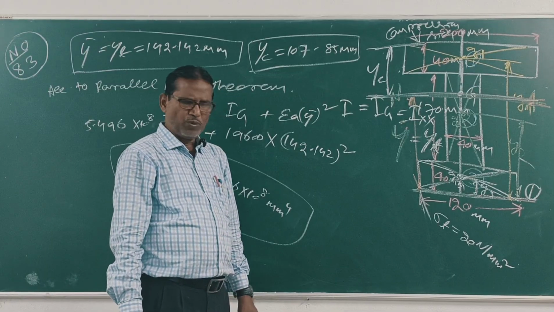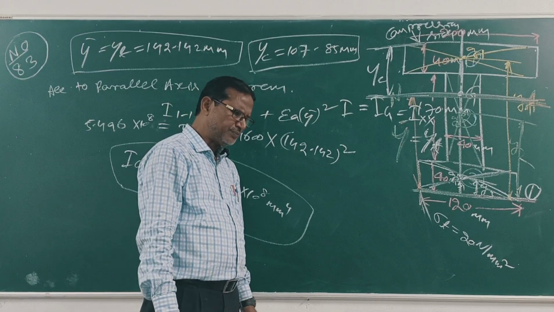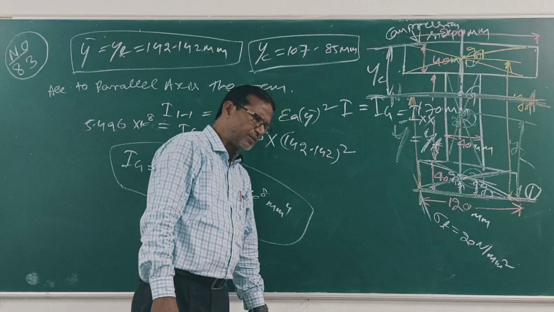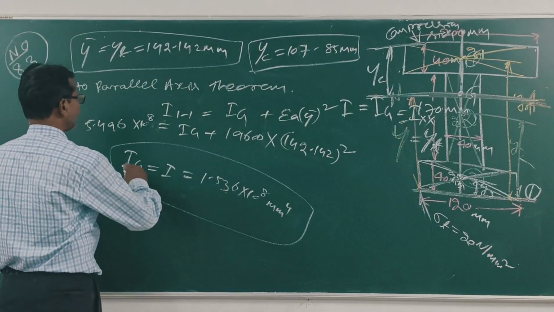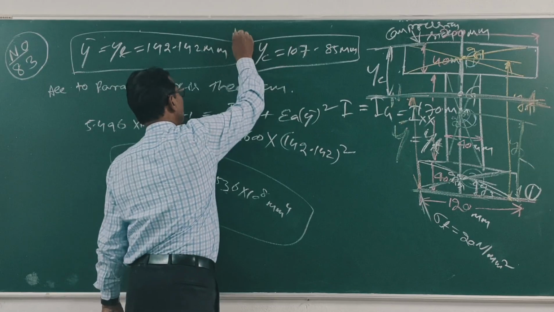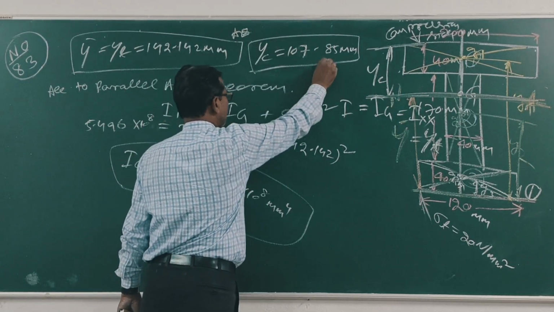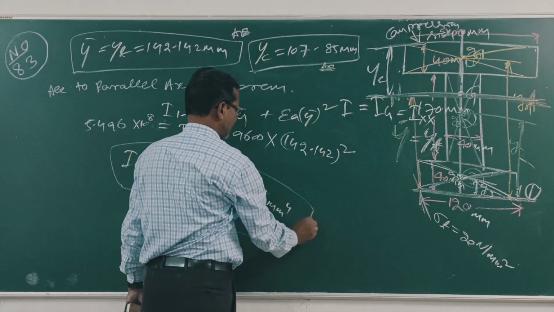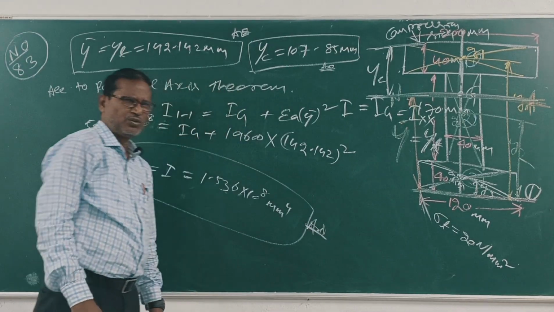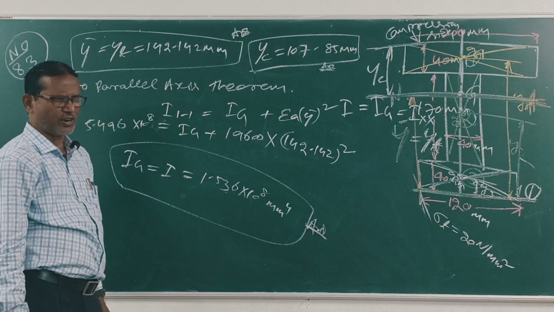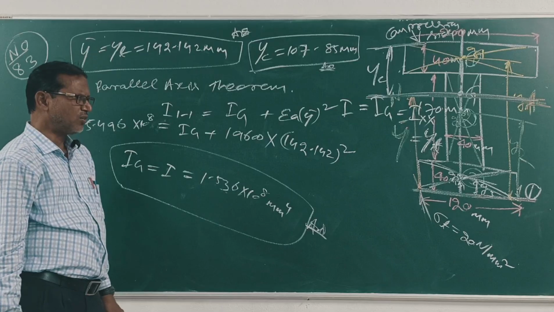Next, moment resistance or bending moment. Clear? Maximum bending moment. We need the moment of inertia about the neutral axis, Ig or I. So we will find out the total bending moment.